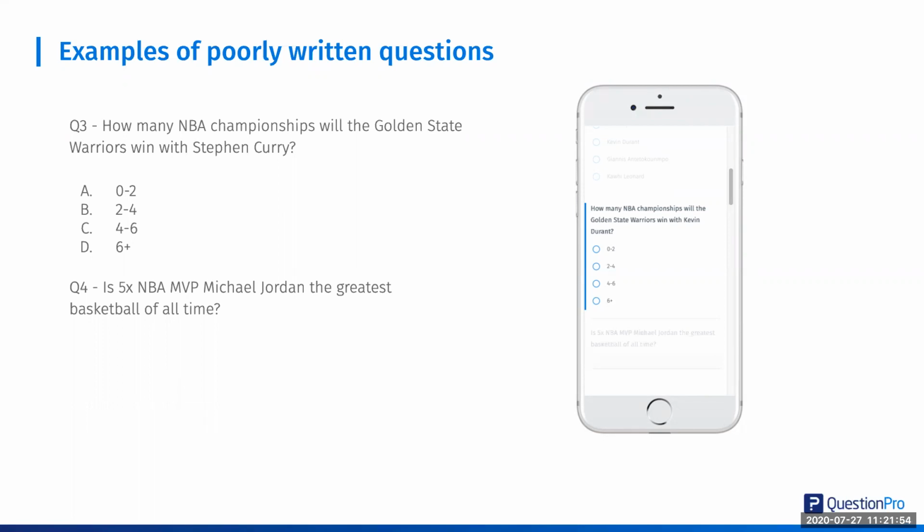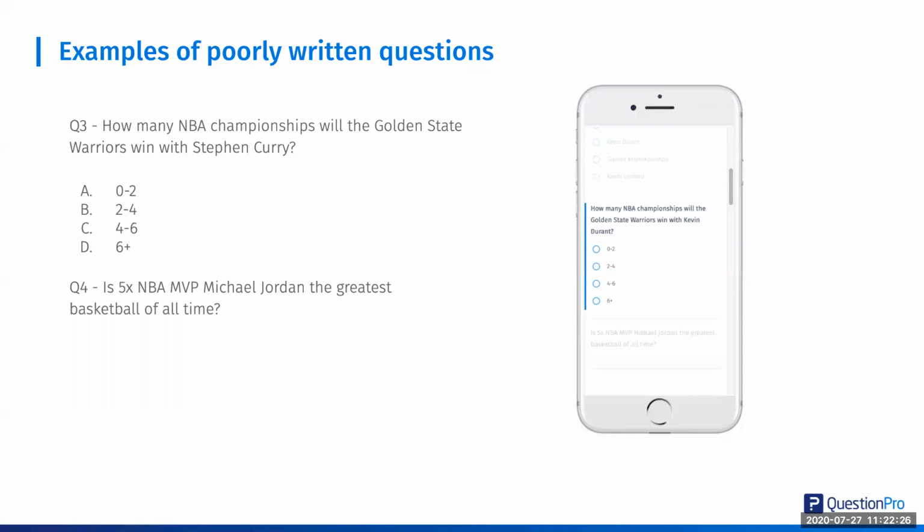So a better use here would be 0 to 2, maybe 3 to 4, or 5 to 6, and then 7 or 6 plus. I would even probably do it a little bit differently, and you could even just get a whole number and have them type that in, or have 1, 2, 3, 4, 5 each as individual options. So there's a number of different things that you could do here, just to make it so that you're getting the most accurate data.